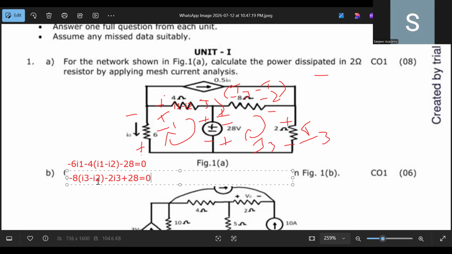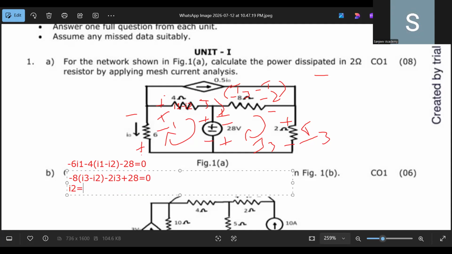And then we have to find out I2 in terms of I1. I2 already I got as minus 0.5 I1 in the previous part.